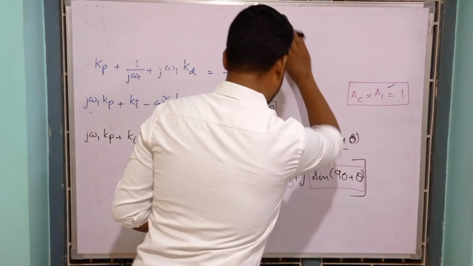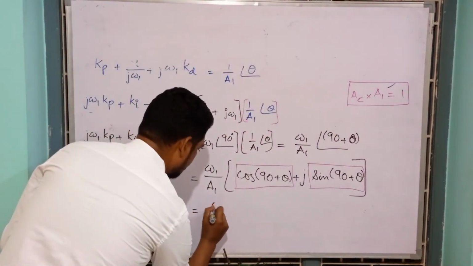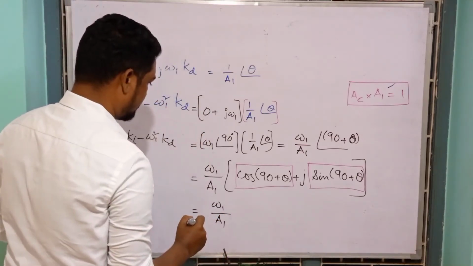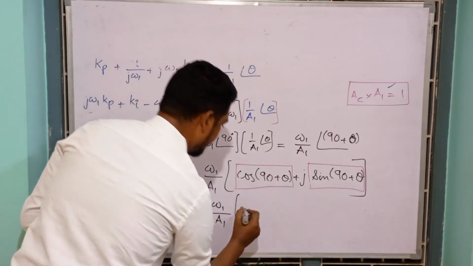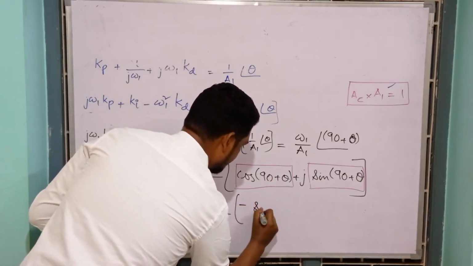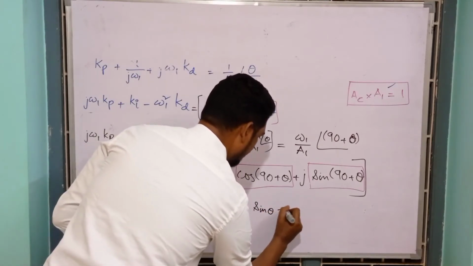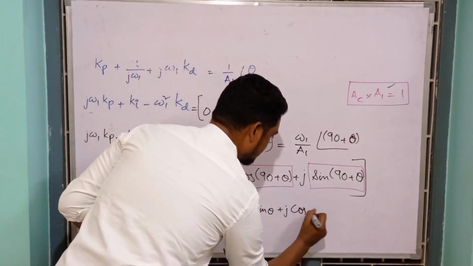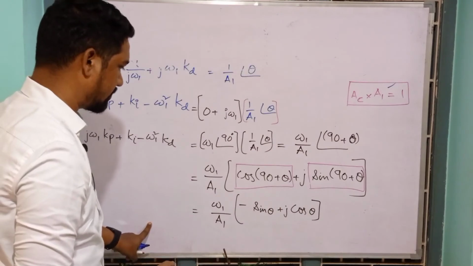So what happens next is, here omega 1 by a1 as it is from over here, cos 90 plus theta will be minus sin theta, and plus j sin 90 plus theta will be simply cos theta. Okay, so guys, that's the modification.